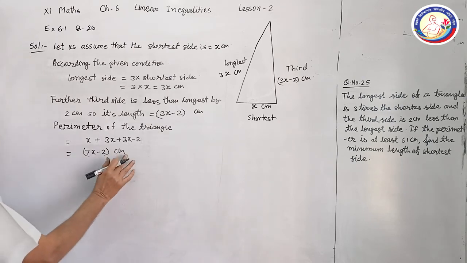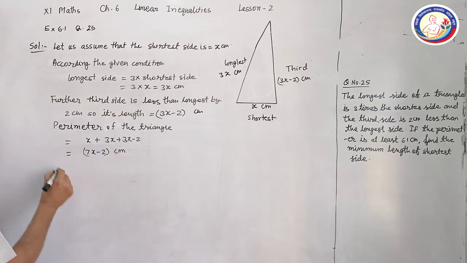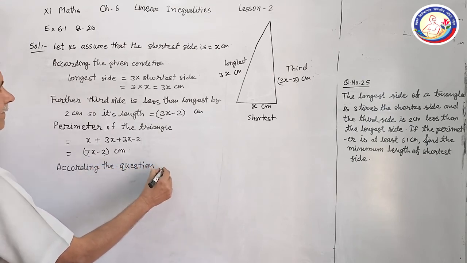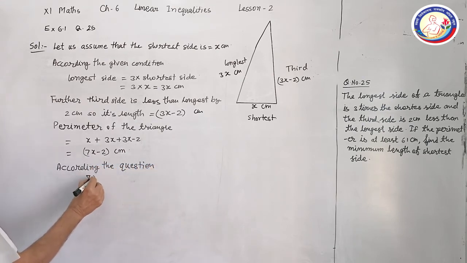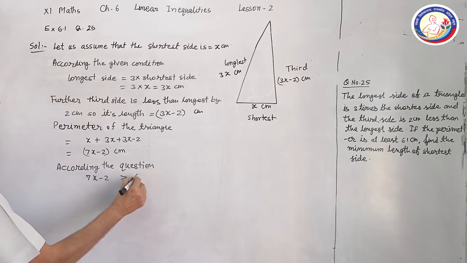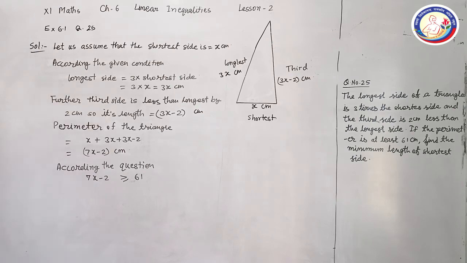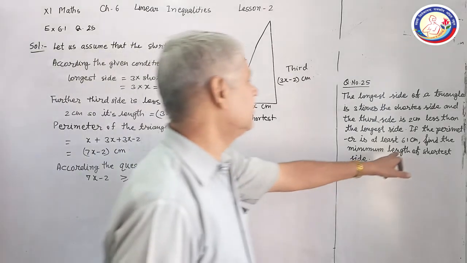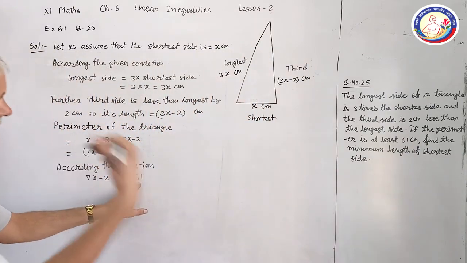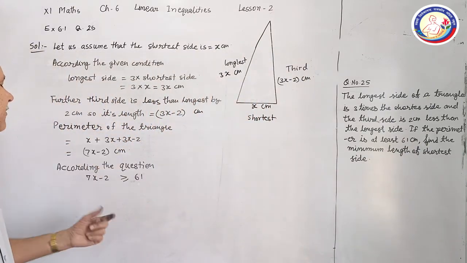Now according to the given condition, 7x minus 2 must be greater than or equal to 61 because the perimeter is at least 61 centimeters. So it can be 61 centimeters or greater than 61.